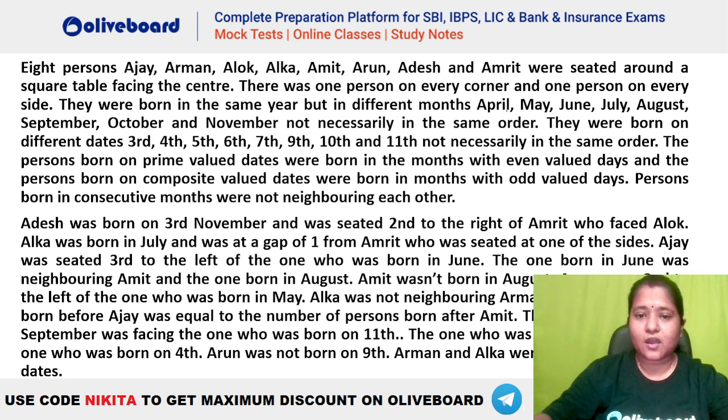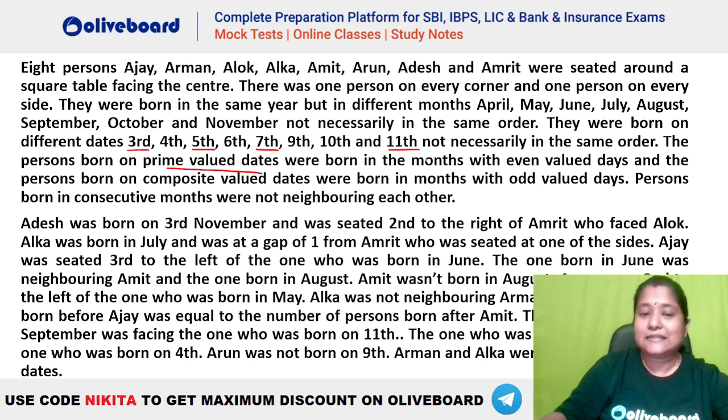Now it is given they are born on these dates, that is 3, 4, 5, 6, 7, 9, 10, 11. The persons born on prime valued dates, prime valued means that is 3, 5, 7 or 11, these persons were born in the months with 30 days, that is April, June, September and November, right?